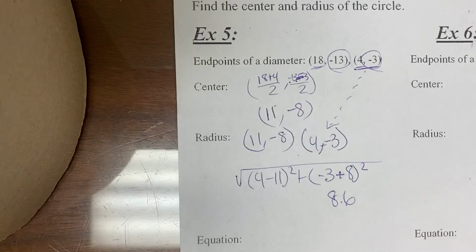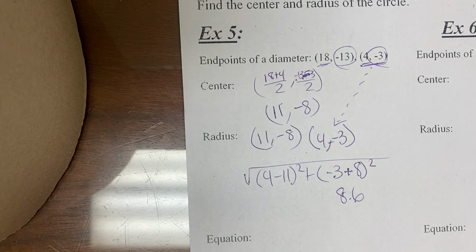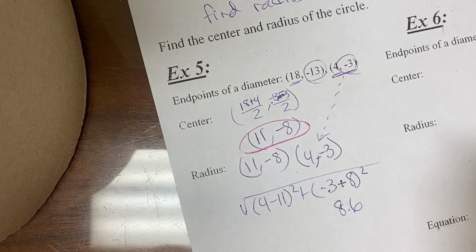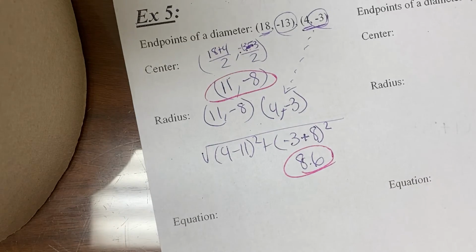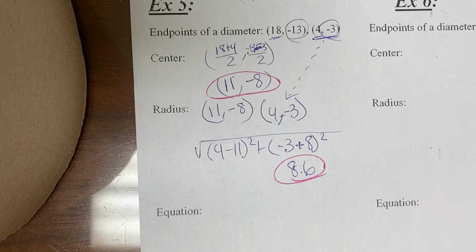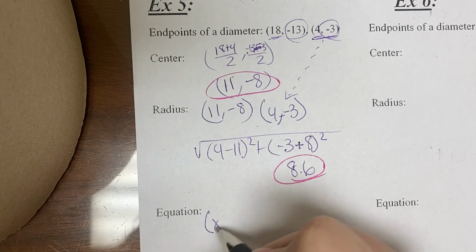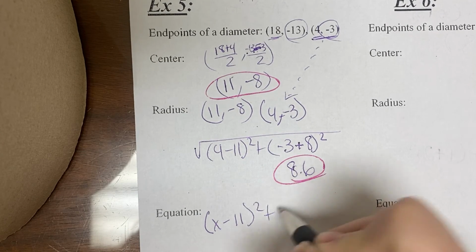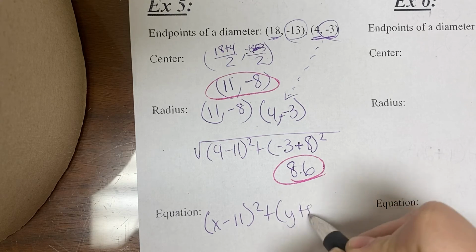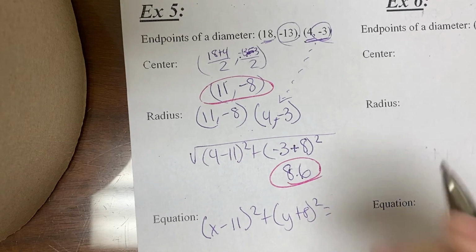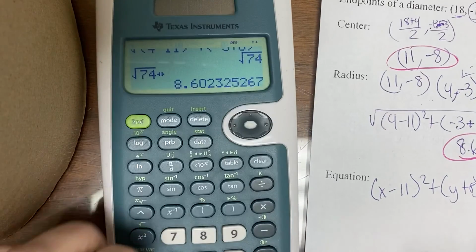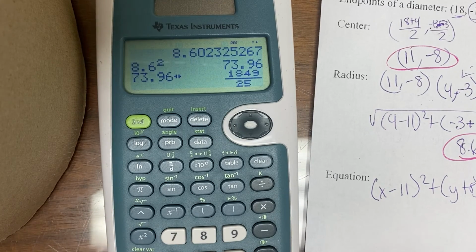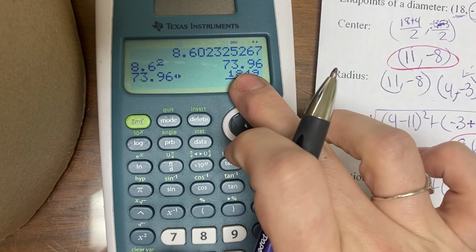So now I'm going to use my center point and my radius to write my final equation. Center and the radius. So my equation: x minus 11 squared plus y plus 8 squared equals 8.6 squared. I don't need that, so 73.96.